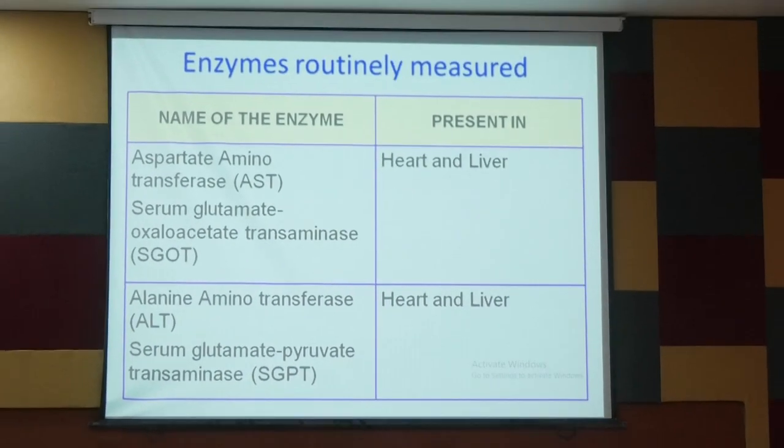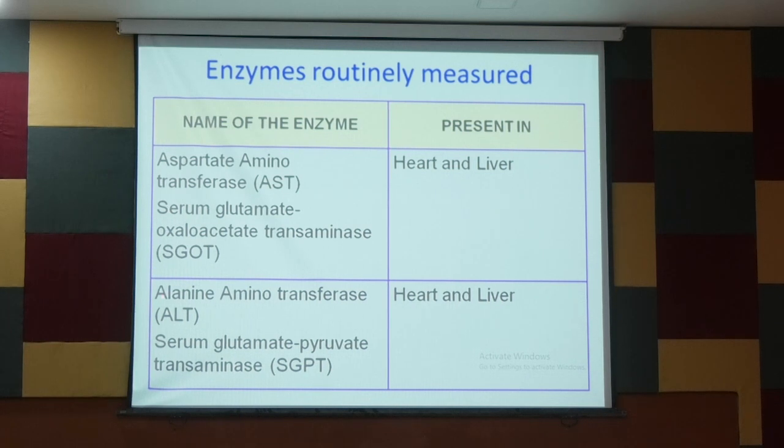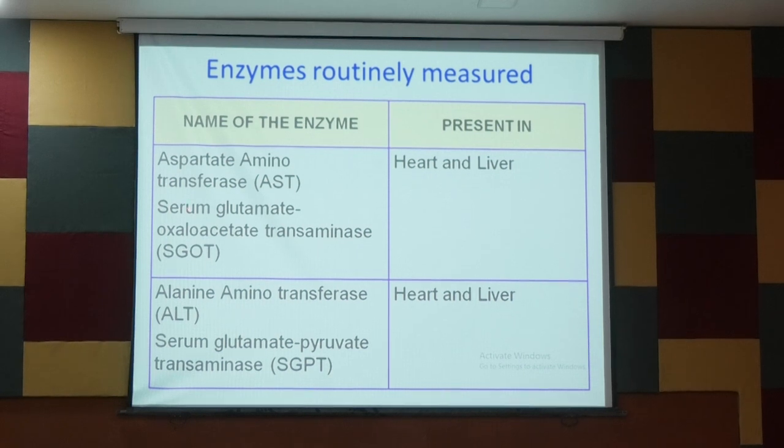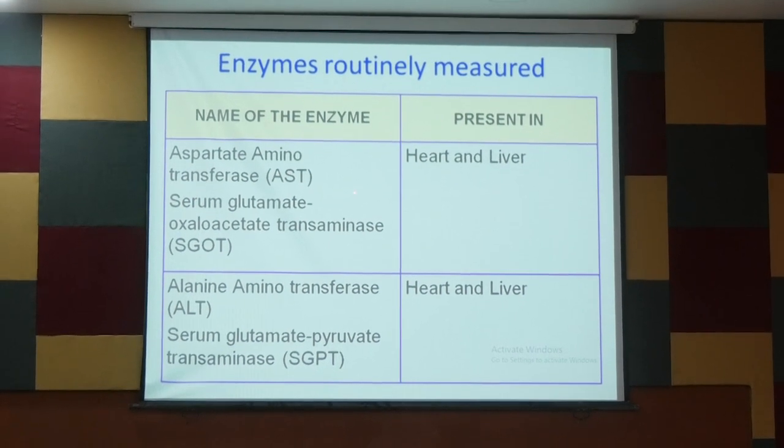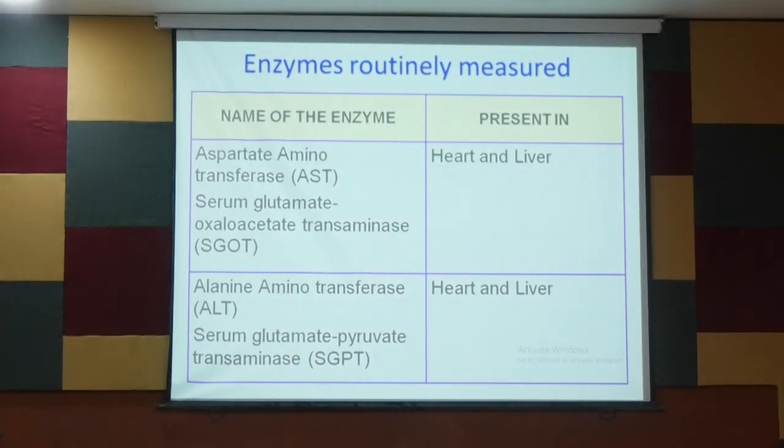Now, this is a quick look at the enzymes we use for different diseases. AST and ALT are the old names. The modern name is aspartate amino transferase, not aspartate transferase, and not aspartate transaminase.